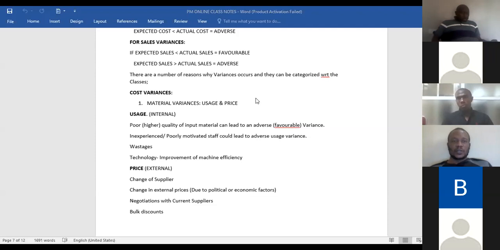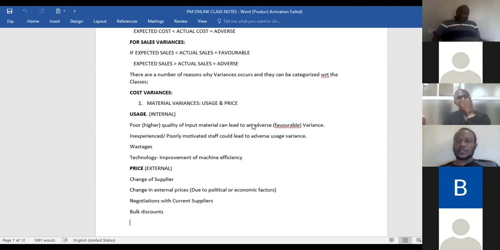I also emphasized, and this is something that I'll emphasize at every juncture, that you should remember that when they ask you for reasons or to discuss factors that might lead to a variance, it will be very scenario specific. So what I tried to do was to make sure that it's not really possible to have an exhaustive list of the causes of variances.